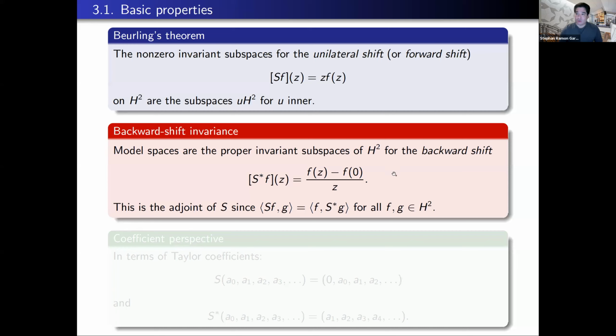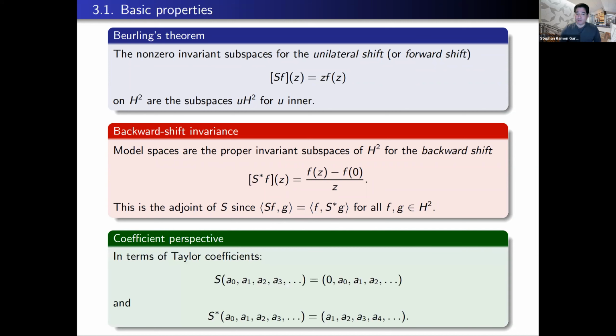And it is the adjoint of the forward shift because one can verify that the inner product of SF and G is the same as the inner product of F with S star G for any H2 functions F and G. Now, this is understandable quite a bit better in terms of Taylor coefficients at the origin.